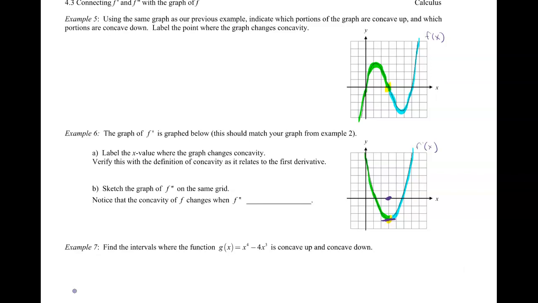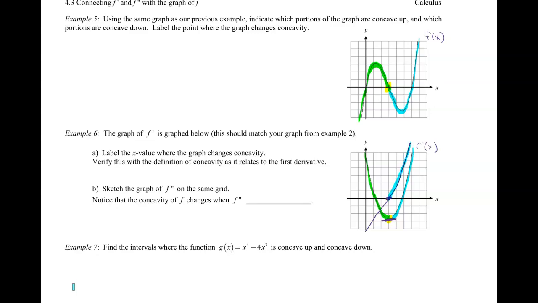And then from here, I had a negative slope from negative infinity until then, and then I had a positive slope after that. Wow, I cannot draw whatsoever today. But that's about it.